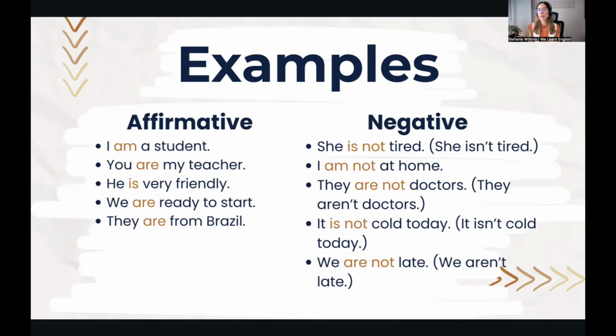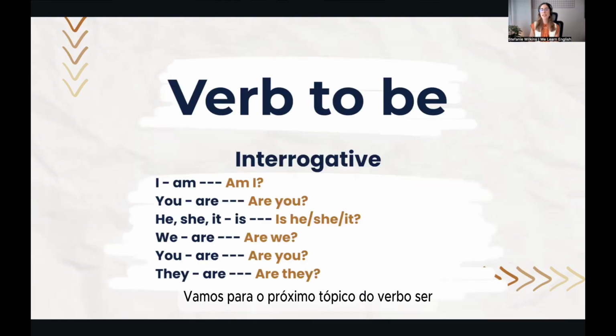Okay? Let's go to the next topic of the verb to be, which is the interrogative way. You want to make questions. But pay attention. When you make questions with verb to be, the answer is basically yes or no. Look at this.